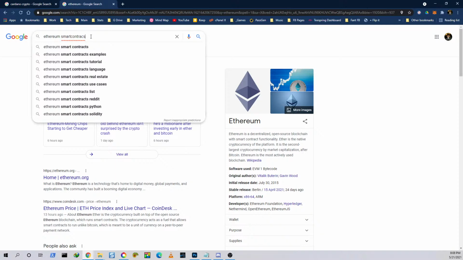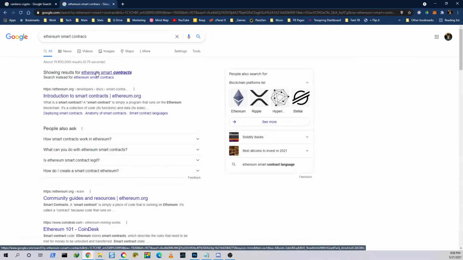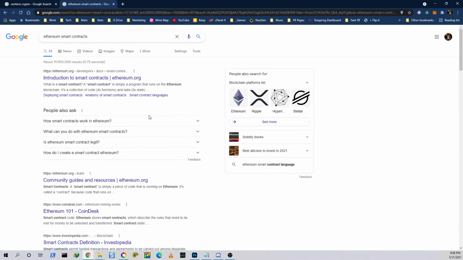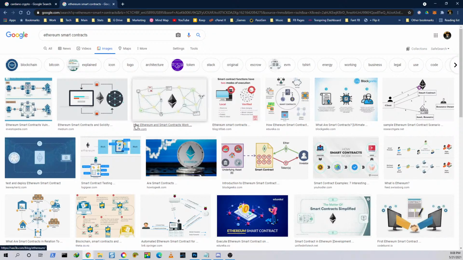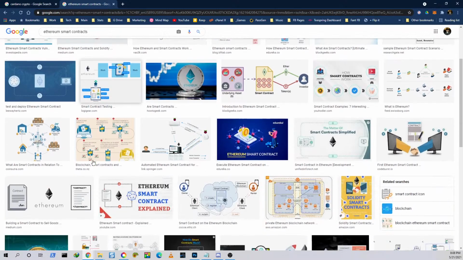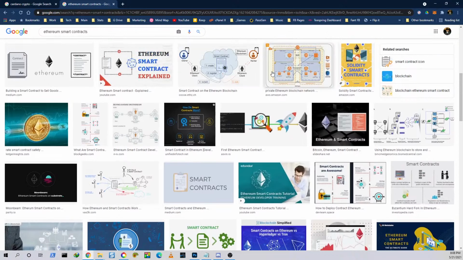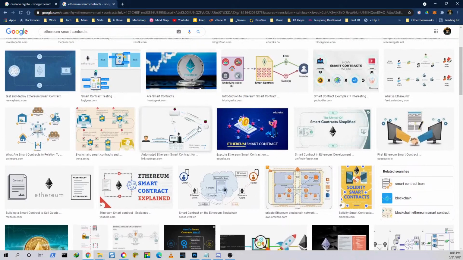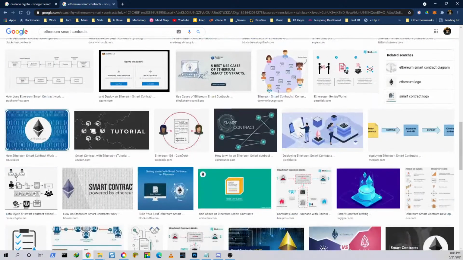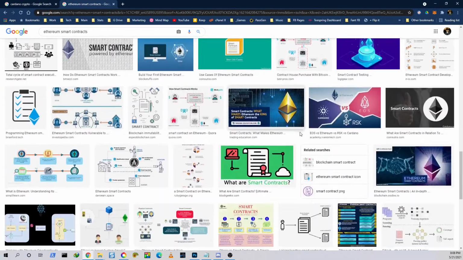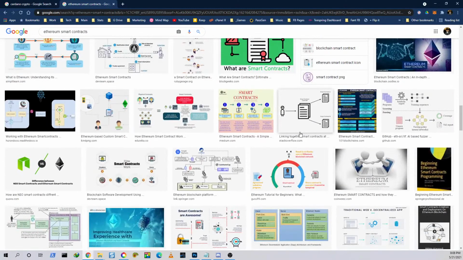All right. I'm going to go to images because I think there's a good image of the infrastructure. I think there was one where I should have drawn it.